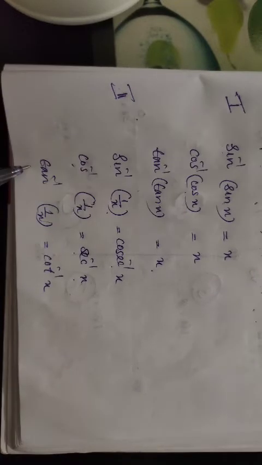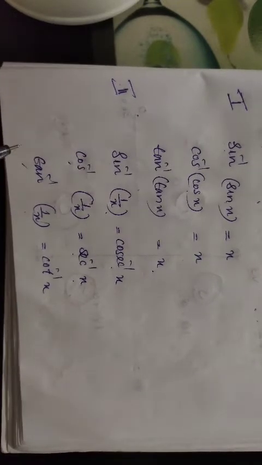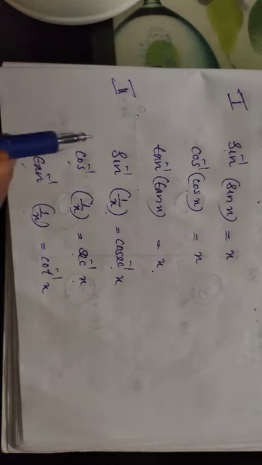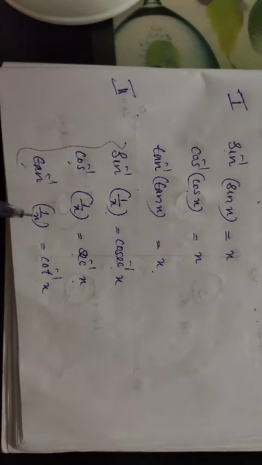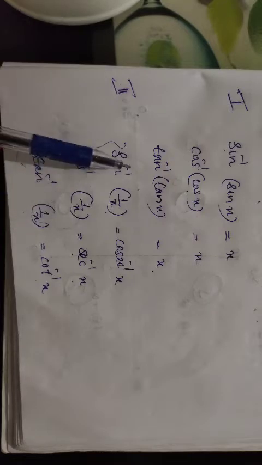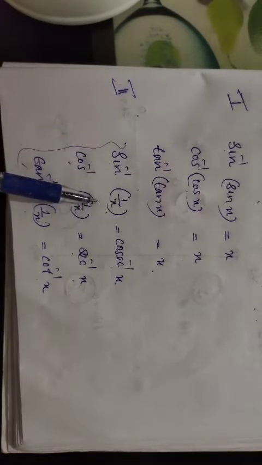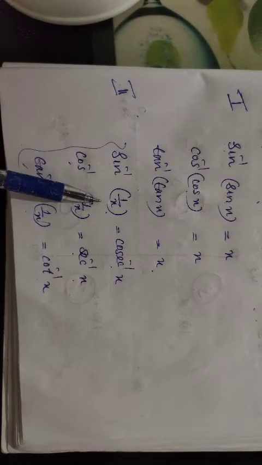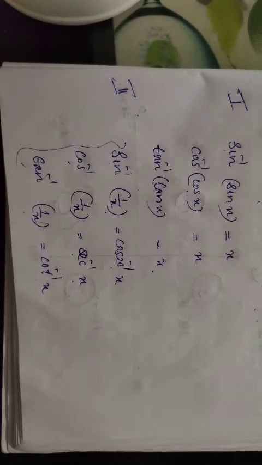And tan inverse 1 by x, the reciprocal of tan inverse, is cot inverse x. Or cot inverse 1 by x equal to tan inverse x. And the second property is related to the reciprocal. The reciprocal property is denoted by not 1 by the ratio, that is 1 by angle. Sin inverse 1 by x, which is not 1 by sin inverse x.